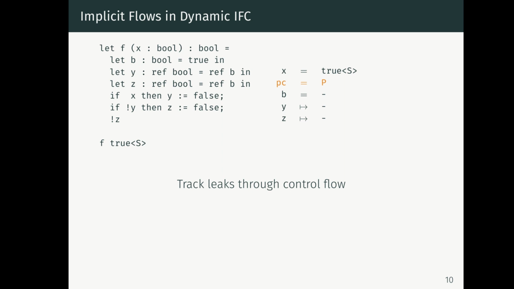Now suppose that we run this program on a secret boolean x. This boolean b here in the program is defined as public since it's set to a constant. Hence, the references y and z, which are initialized with b, are also marked as public. And then we reach this if statement.